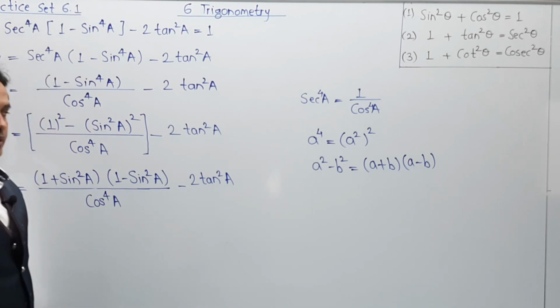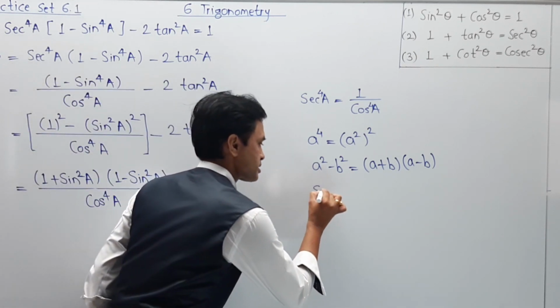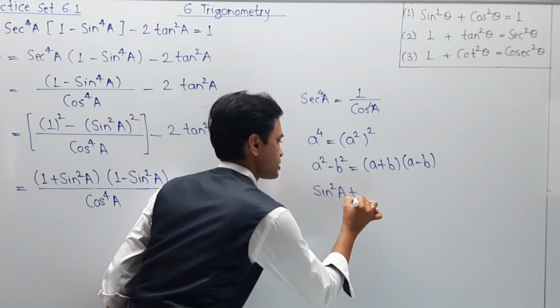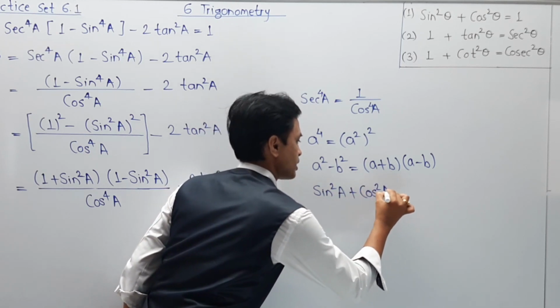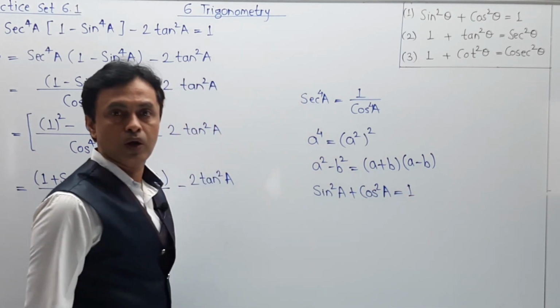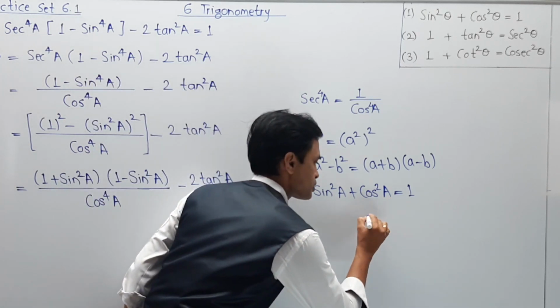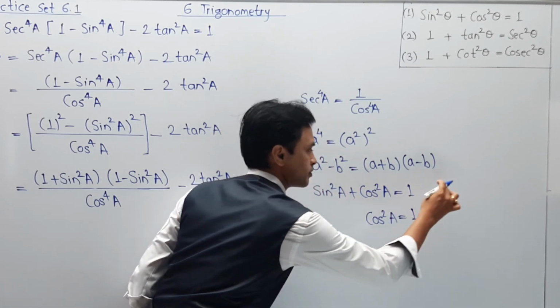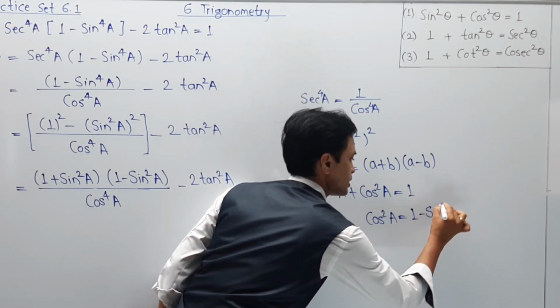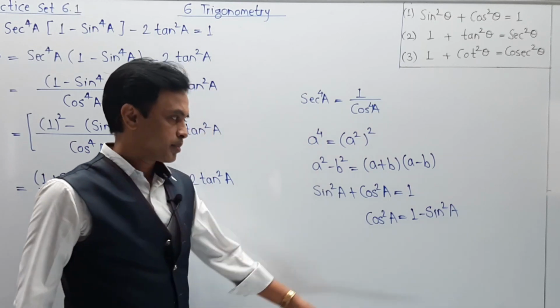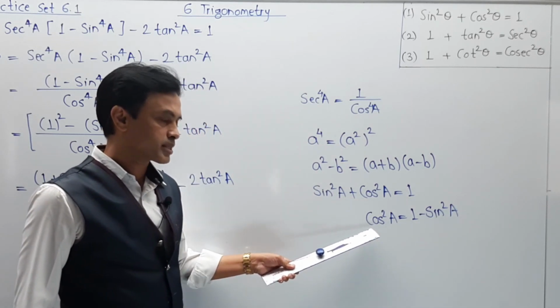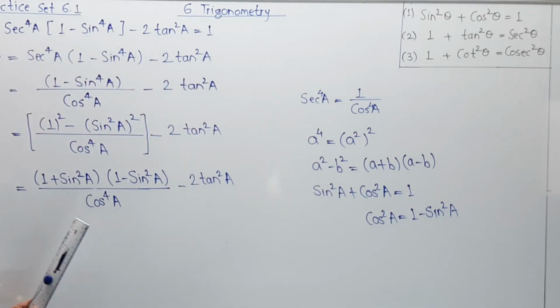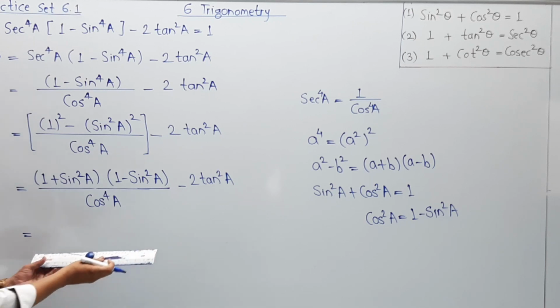In a similar manner, sin square a plus cos square a is equal to 1, or we can say cos square a can be written as 1 minus sin square a, shifting sin square a to that side. It means I can replace 1 minus sin square a as cos square a, and that is the main trick we are using here.